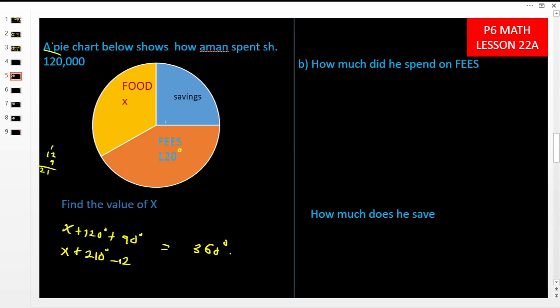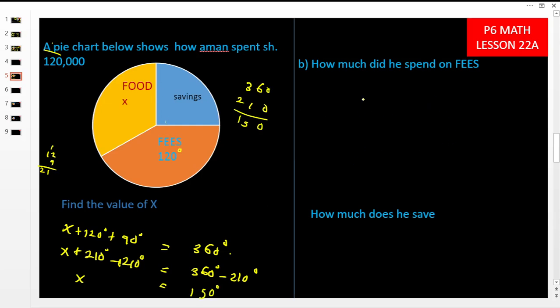So 210 degrees is equal to 360 degrees. Minus 210 degrees on both sides. So X here is equal to 360 minus 210, which is 150 degrees.